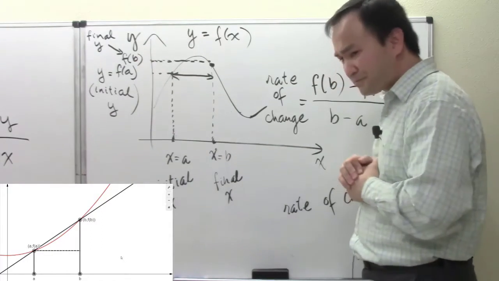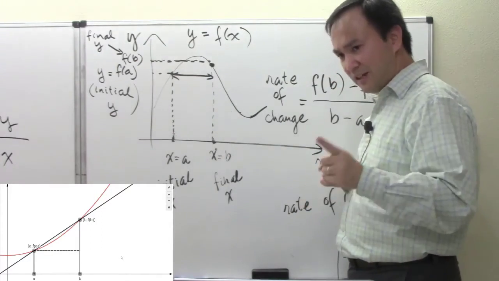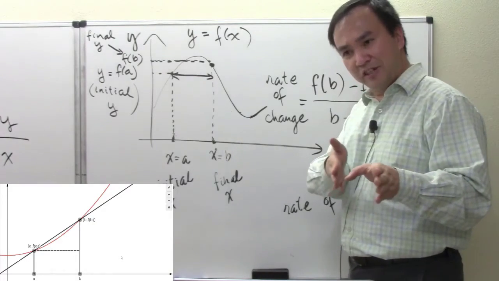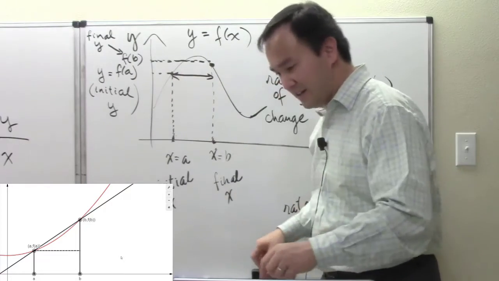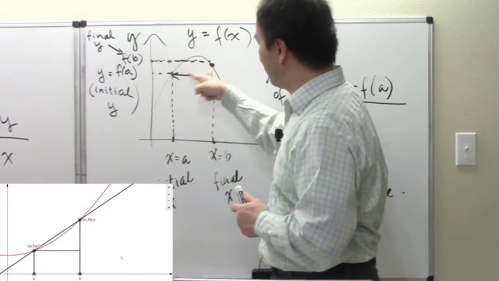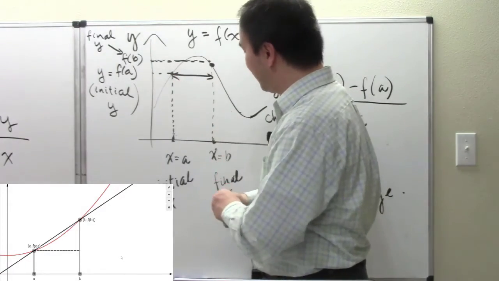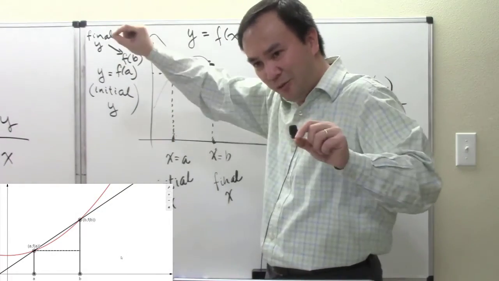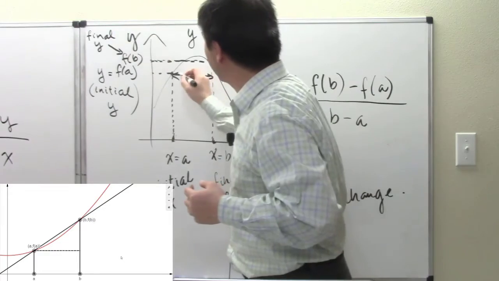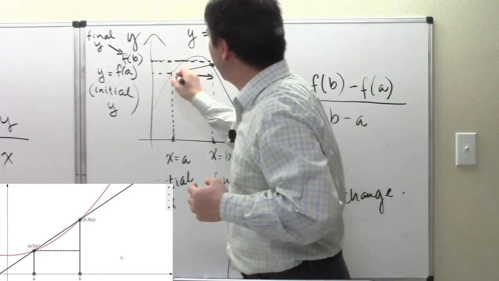If you connect the final point with the initial point, you get a line. Euclidean geometry says you connect any two points, you get a straight line.